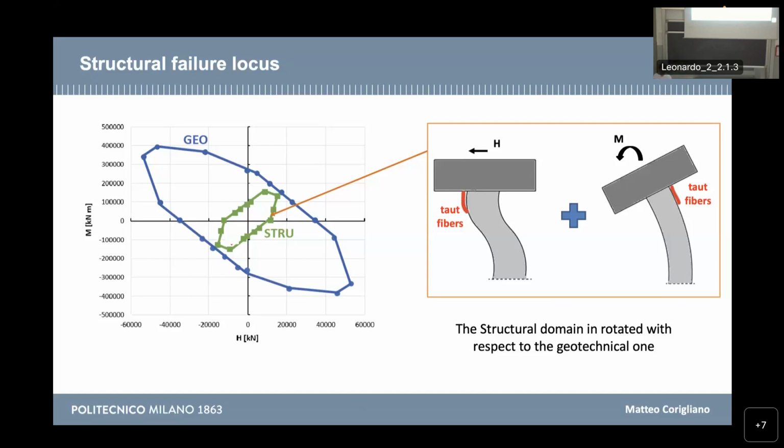When the bending moment and the horizontal load have the same sign, so act in the same direction, the effect on the piles is counterbalanced, so the domain can enlarge with respect to the other parts.